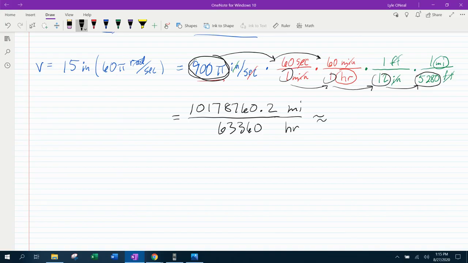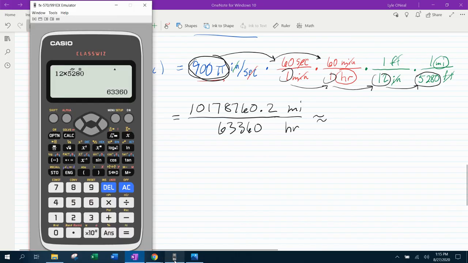And so then we're going to divide that out, and we're going to get our speed in miles per hour approximately, okay? So I'm going to actually go back here to grab that number, and I'm going to hit that number divided by 63360.